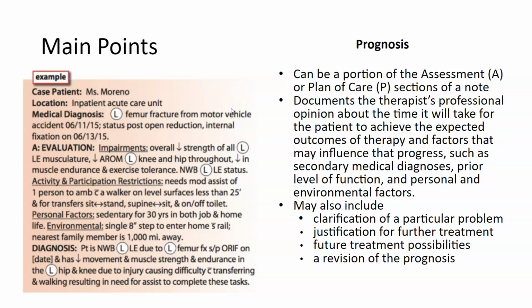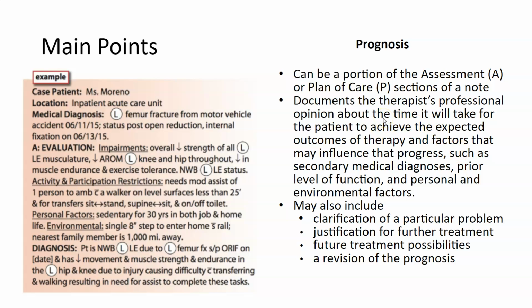The last part of this is the prognosis, and this is the believed outcome. And so this can sometimes be the first portion of the plan of care, or it is the last portion of the evaluation or assessment within there. It really doesn't matter, particularly.